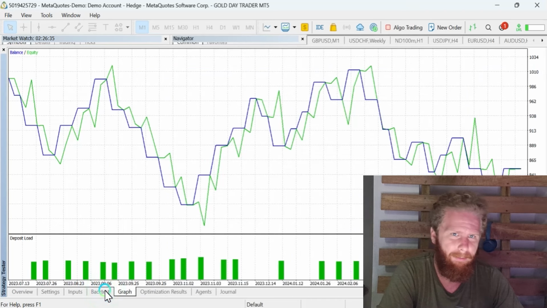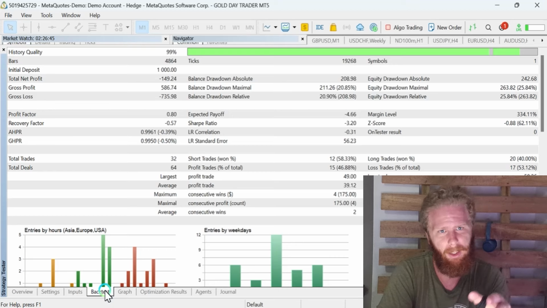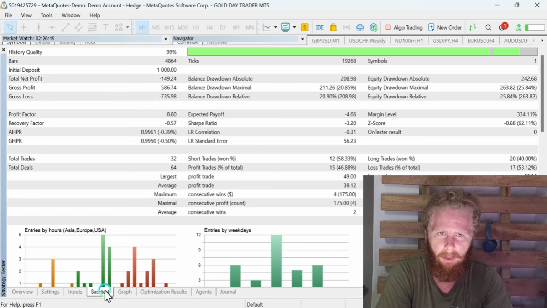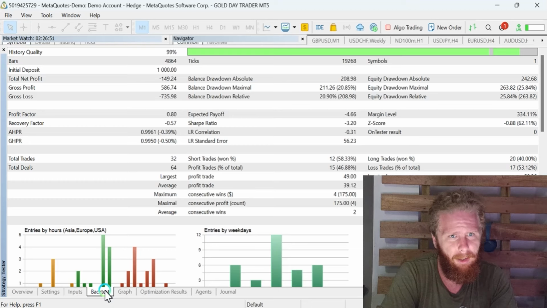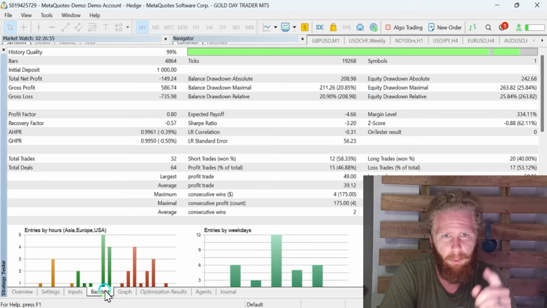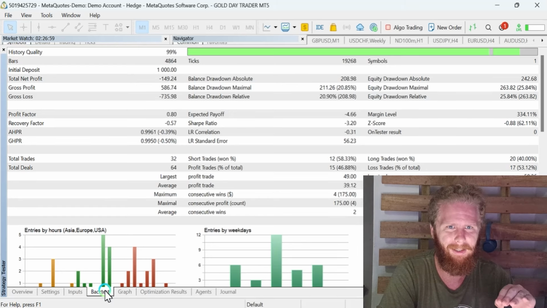Yeah, so it is not very bad, but it is not good either. It didn't blow the account after the optimization. So probably if you would do a full optimization and after you would run the forward test, your EA would be showing to blow the account, because full optimization only curve fits an EA.